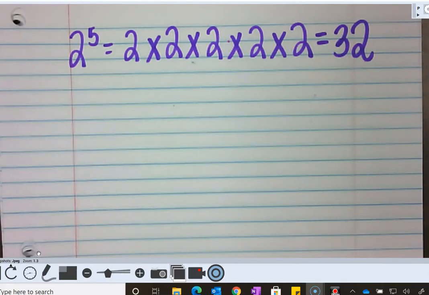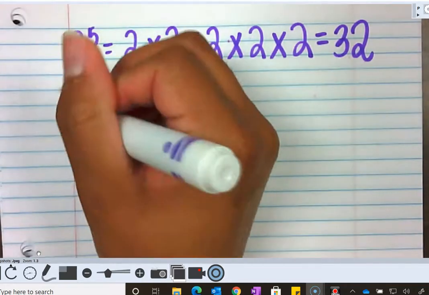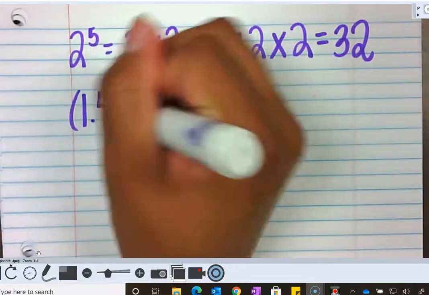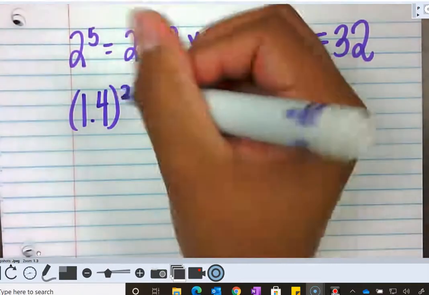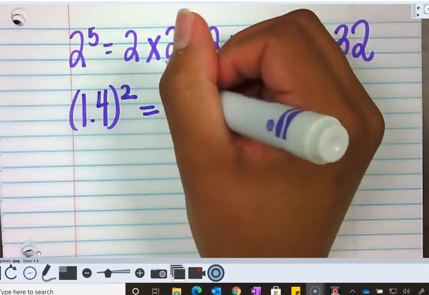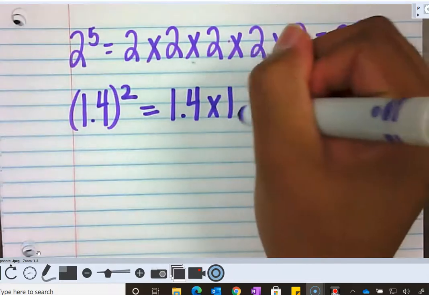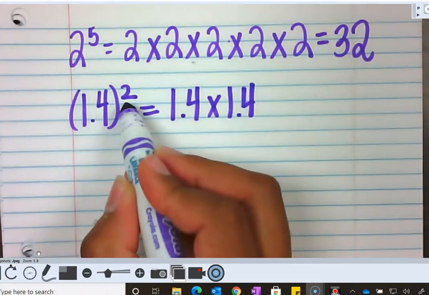All right, let's try one more example. Let's say we had 1.4 squared. So we're going to take our 1.4 times 1.4 twice.